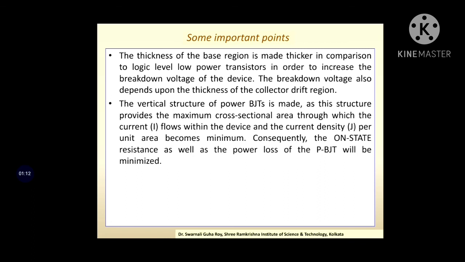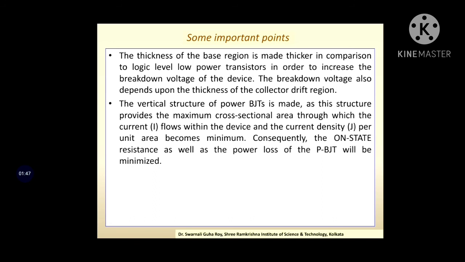Secondly, the vertical structure of power BJTs is made as this structure provides the maximum cross-sectional area through which the current, if we consider the current as I, flows within the device, and the current density, generally written as J, per unit area becomes minimum. Consequently, the on-state resistance as well as the power loss of the power BJT will be minimized.